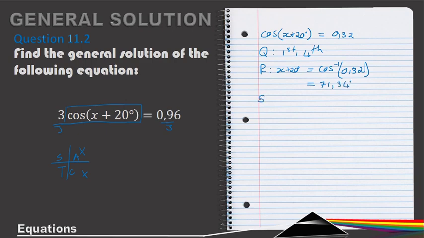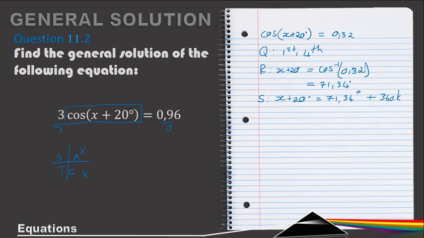And then finally, to solve, for the first quadrant, it's just equal to the reference angle, so x plus 20 degrees is equal to my reference angle, and don't forget to add the 360k.